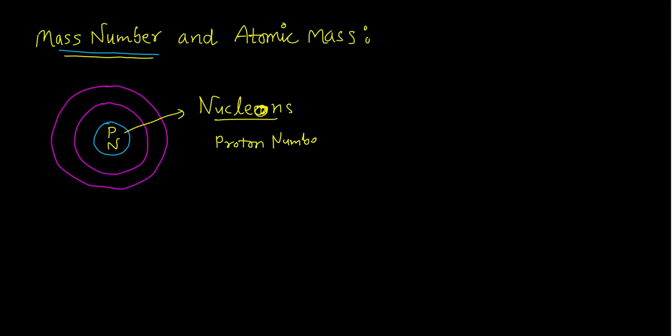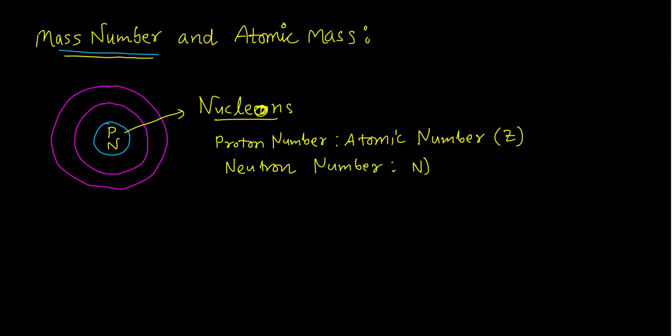If we are talking about a particular nucleus, then the proton number, also known as atomic number, is often represented by the letter capital Z. And the total number of neutrons in the nucleus, the neutron number, we represent by the letter capital N.